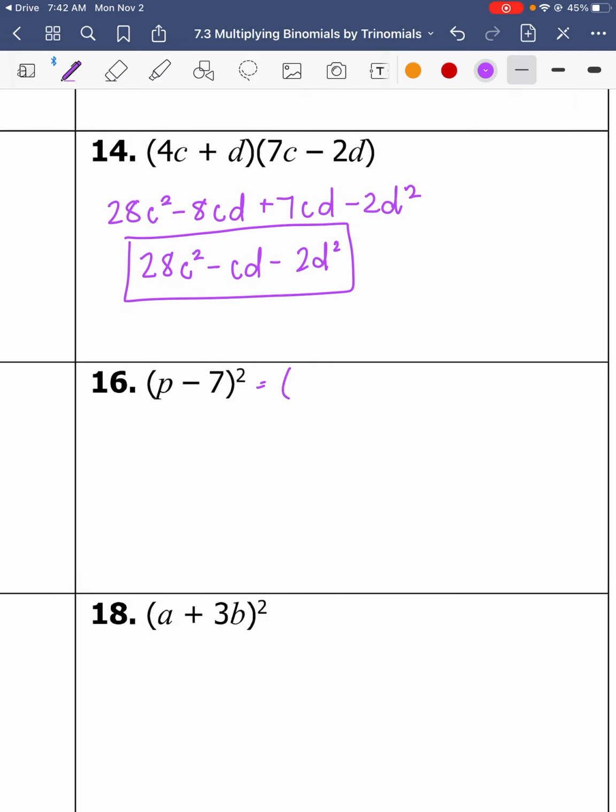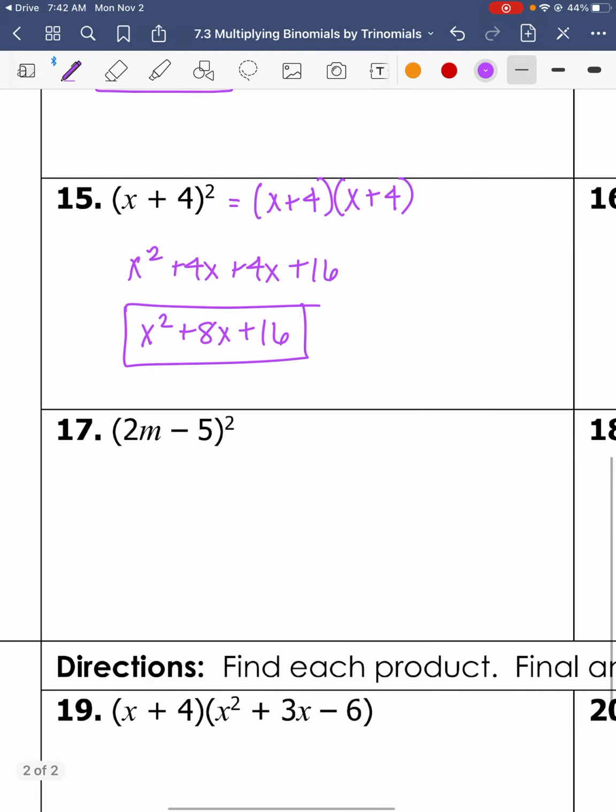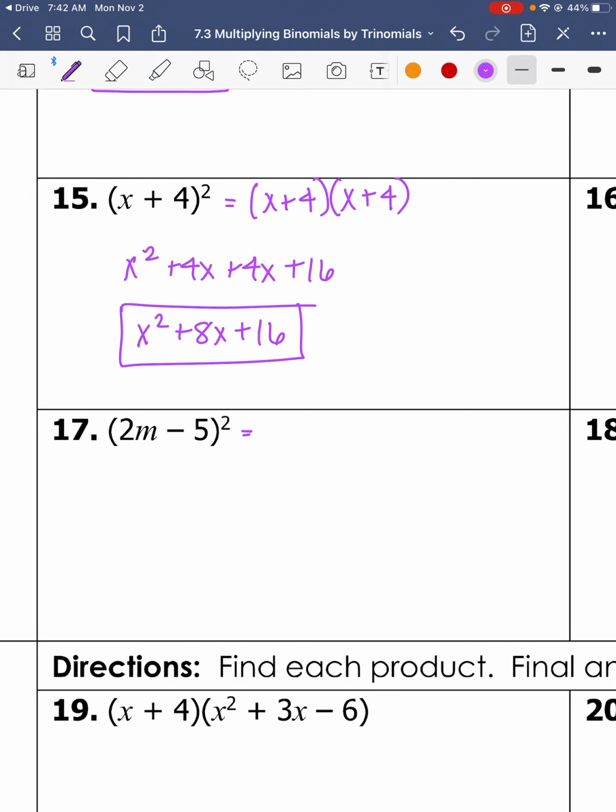Alright, number 16, same thing here. So this is equal to p minus 7 times p minus 7. First two, p squared, outer two minus 7p, inner two minus 7p, last two plus 49. We get p squared minus 14p plus 49. Alright, 17.